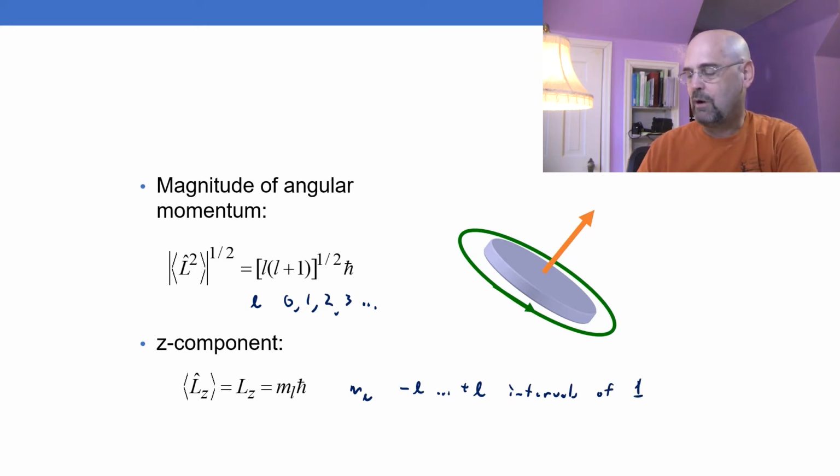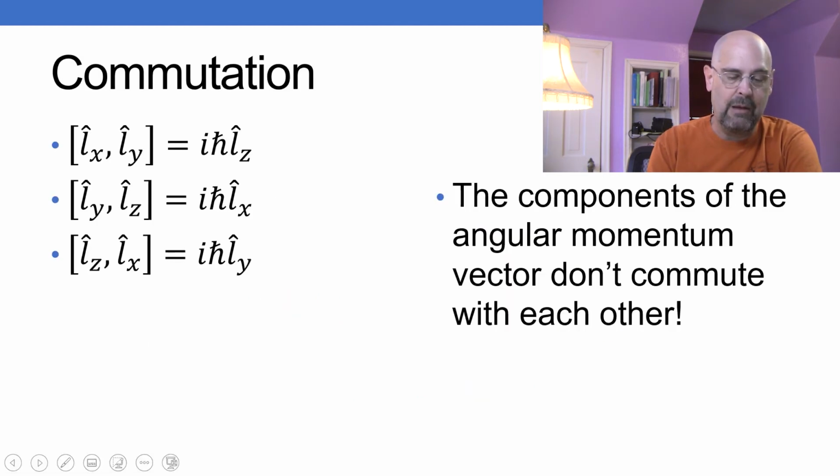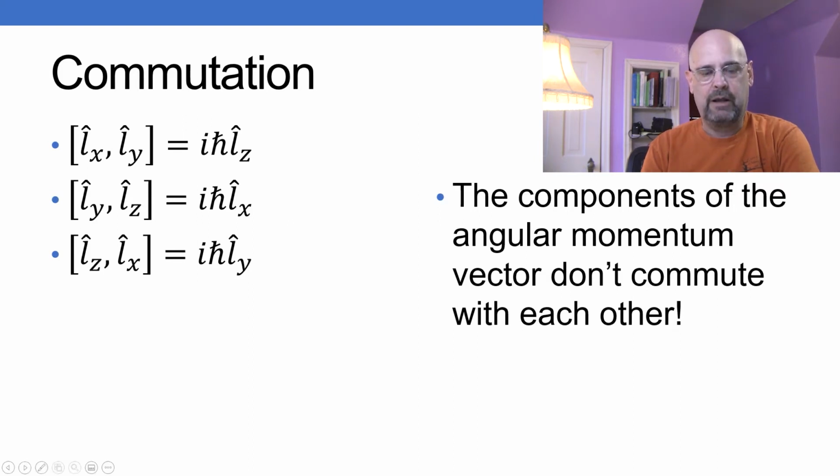Now you might ask, well, what about Lx and Ly? Can't I get those, or mx, my? The problem is that the three angular momentum operators, the components for angular momentum, do not commute. I have the commutator relationships put here, and so the commutator of Lx and Ly is i h bar Lz. What does that mean?